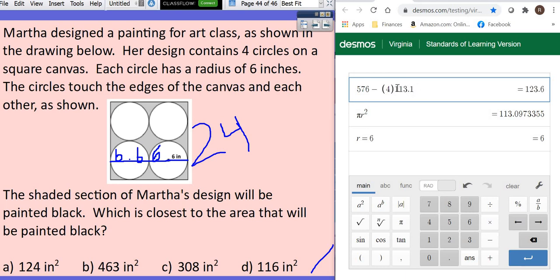And I know there's 4 of them, so I'm going to multiply that by 4. So I took the area of the square and subtracted the area of 4 circles. So I ended up with 123.6, which rounds to 124 inches squared.